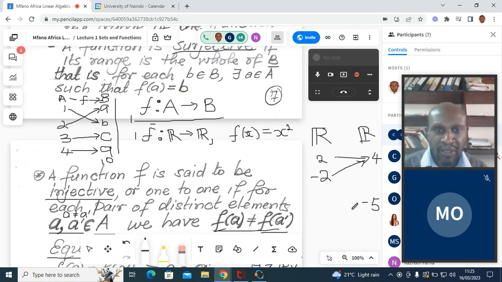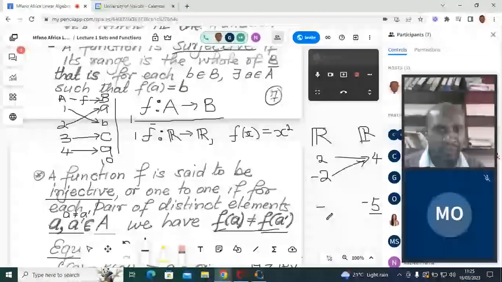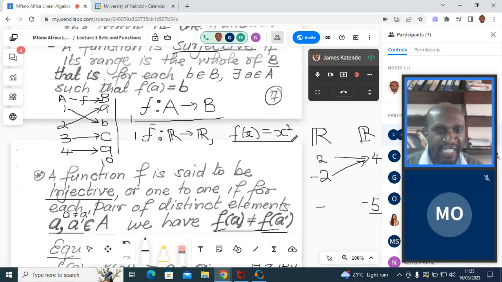So the range is not equal to the codomain, and therefore this map is not surjective, because a number like -5 does not have a pre-image under this function. Is that sensible? So this is an example of a function that is neither injective nor surjective. It's a very naughty function.